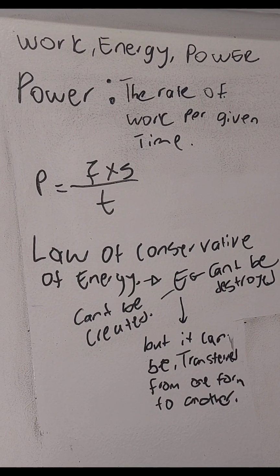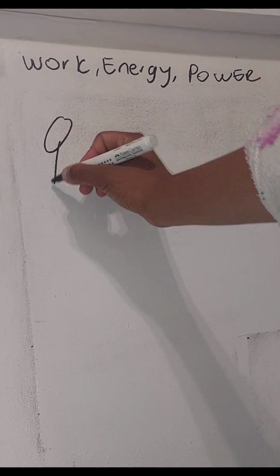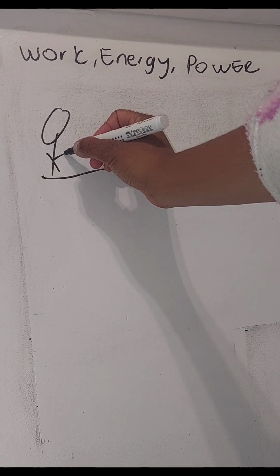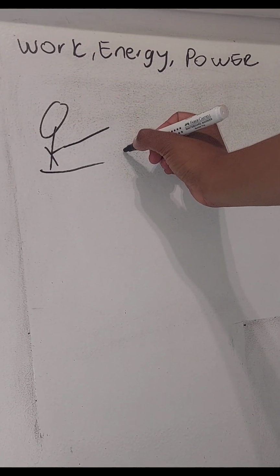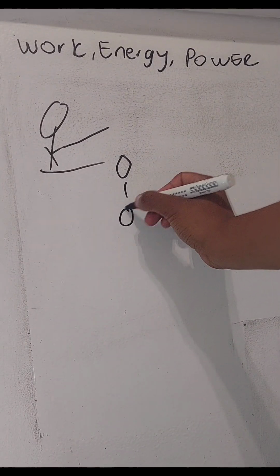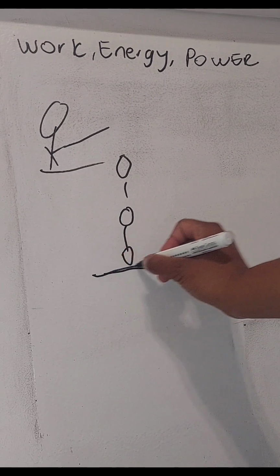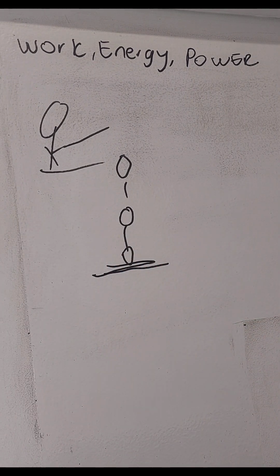Okay, cool, guys. Let me show you an example. Here is someone holding a ball, and then he drops it. Bam! He drops it. It moves until it hits the ground. So where do we find different types of energy?